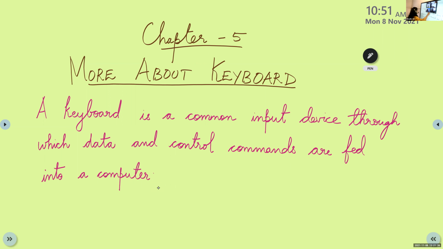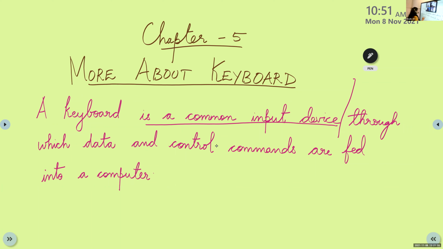So how will you learn this definition? First of all, you have to know what a keyboard is. So you learn it is a common input device. Then what will you do next? What is the use of this keyboard?